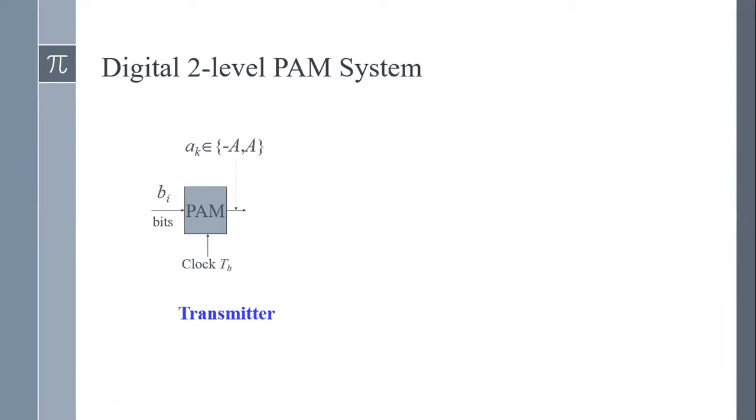So sampling and quantization have already been done, and now these bits, 0, 0, 1, 0, whatever they may be, come to this PAM block, and this PAM block generates either minus A or plus A, which has a width of TB.